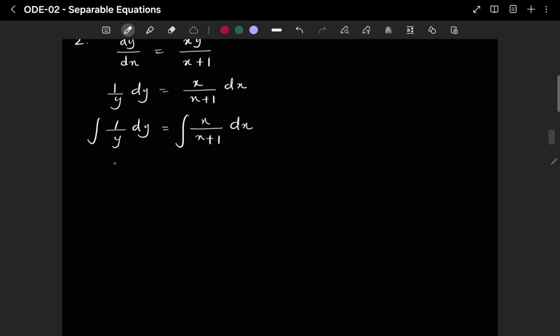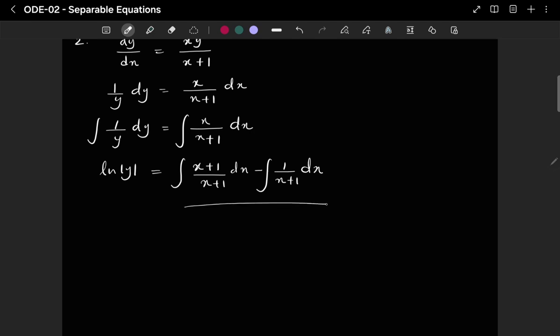The integral of 1 over y is ln y, equals the integral of x over (x plus 1), which can be simplified using partial fractions again, or we can do a simple adjustment like this. We can add 1 and we can subtract 1.